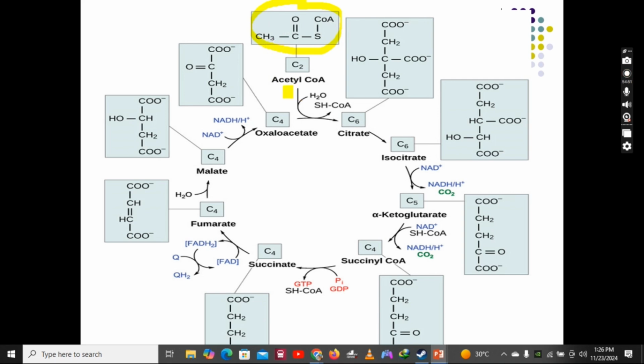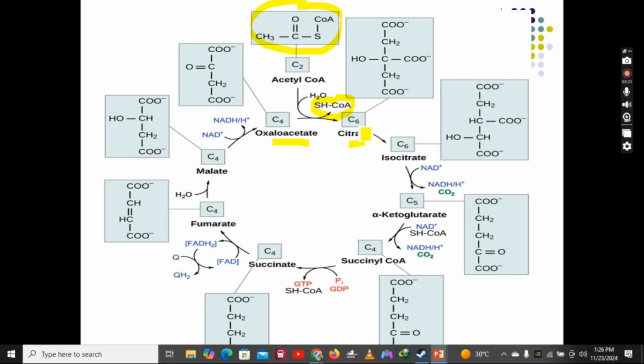Then we have the acetyl-CoA, which is produced. With the acetyl-CoA, we have the oxaloacetate, which combines with acetyl-CoA. A water molecule is used up. Then the sulfhydryl-CoA is removed and released, and the citrate is produced.